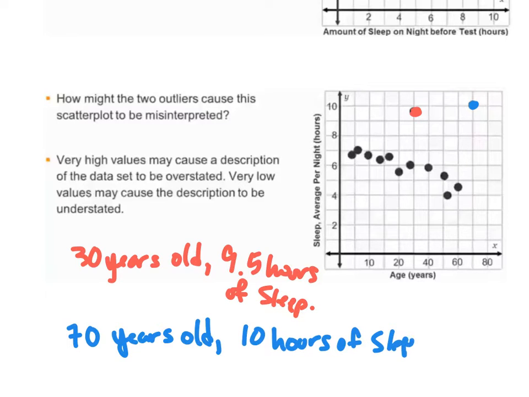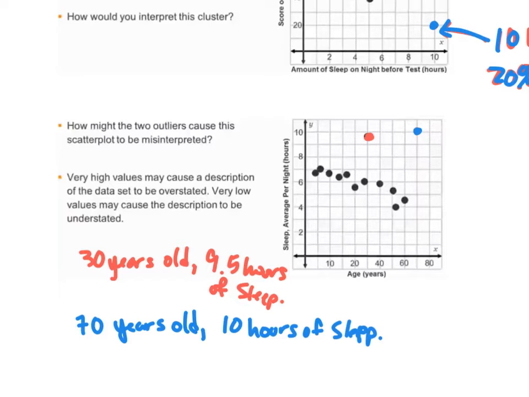So what you did, you're grabbing a group of people and analyzing this data, and all of a sudden you got this one person who's 30 years old that gets 9.5 hours of sleep. The other person here is 70 years old and they're getting 10 hours of sleep, okay? And here's the deal with this.